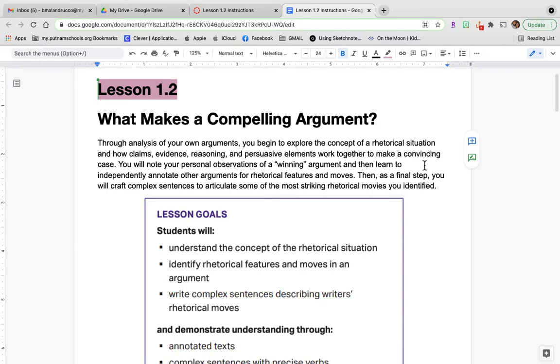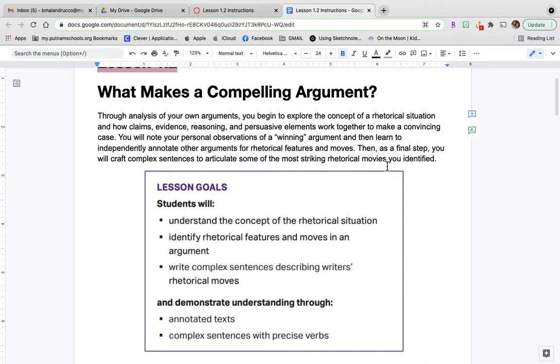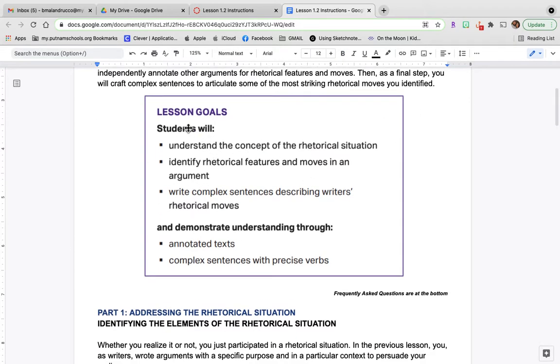You will note your personal observations of a winning argument and then learn to independently annotate other arguments for rhetorical features and moves. Then, as a final step, you will craft complex sentences to articulate some of the most striking rhetorical moves you identified. That shouldn't be movies, that should be moves. Here we go. Again, here are your lesson goals, your learning targets, and your success criteria.